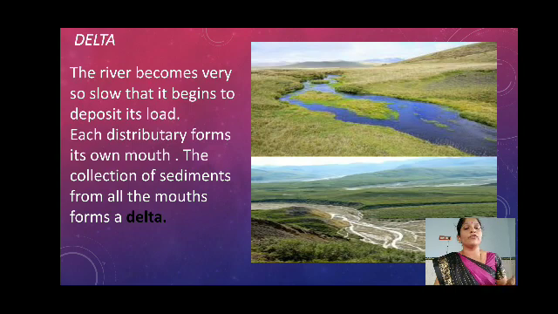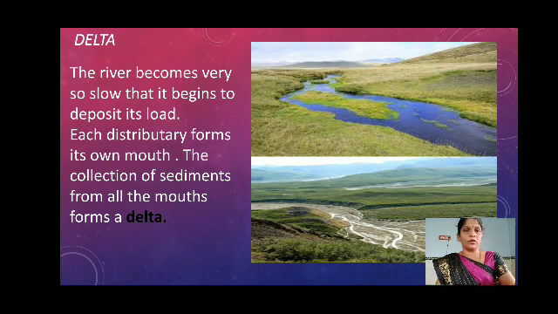Each distributary forms its own mouth, a vent or an opening, as it deposits its load. The collection of sediments from all the mouths forms a delta. Here you can see in the picture, when the river is small and slow, it starts to deposit the silt soil.